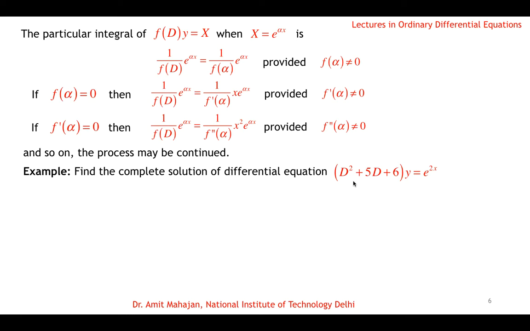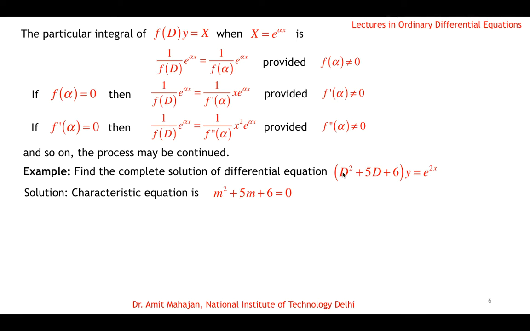For the homogeneous system, first we write the characteristic equation, and we know that the characteristic equation for this system is m square plus 5m plus 6 equal to 0. I'm writing it directly. For details, you can see the previous lecture on how to write this and how to calculate the complementary function.